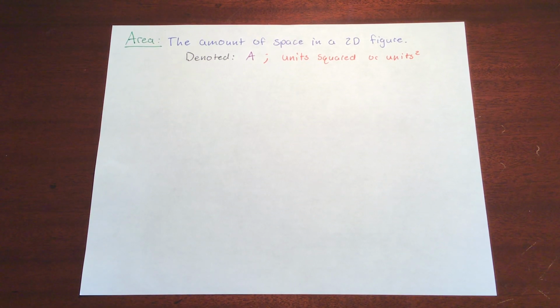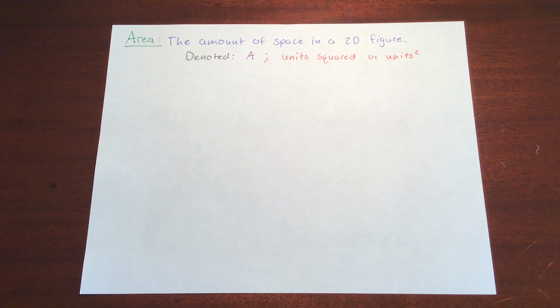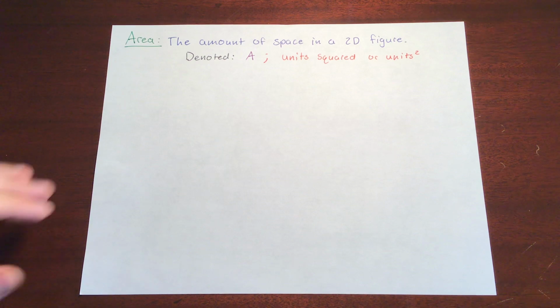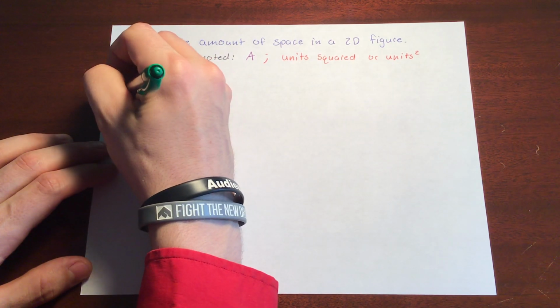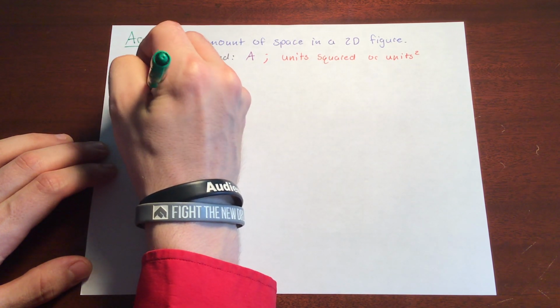Next, we're going to give a formal definition to perimeter. I know we've talked about perimeter in the past, so we won't spend too much time on it, but we do want to give a formal definition.